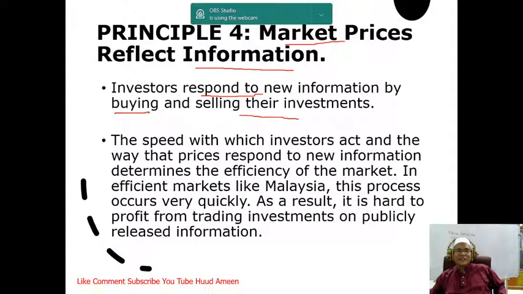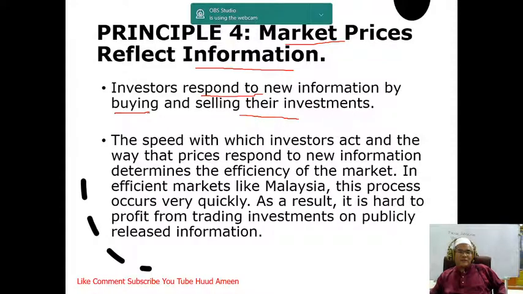So investors respond to new information by buying and selling their investments. For example, you get news that a company will enlarge the scale of its business. Then you foresee that the price will go up next year, so the investor will buy.